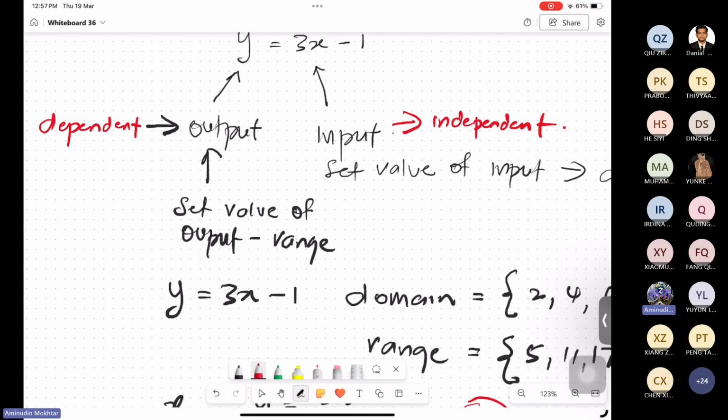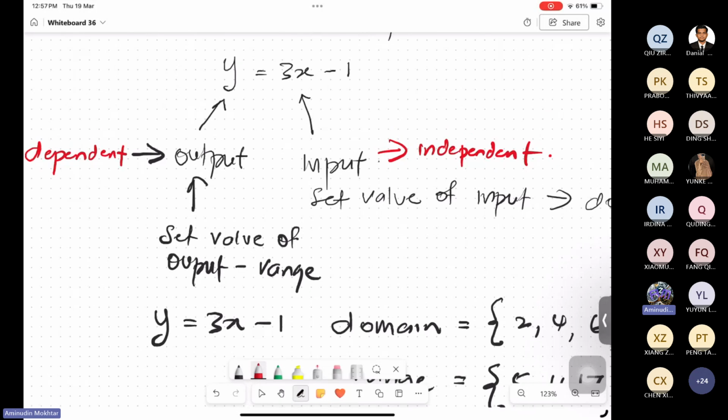When we're talking about dependent, output, range, all these things are related to the y. When we're talking about input, domain, independent, that is related to the x in the equation. That's the concept of input and output, range and domain, dependent and independent.